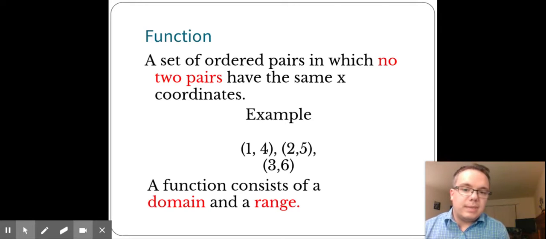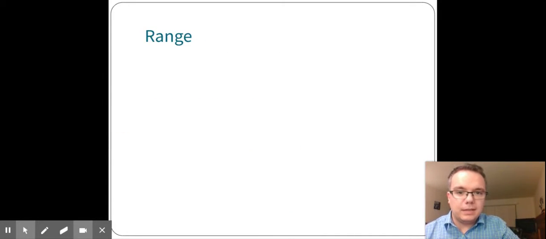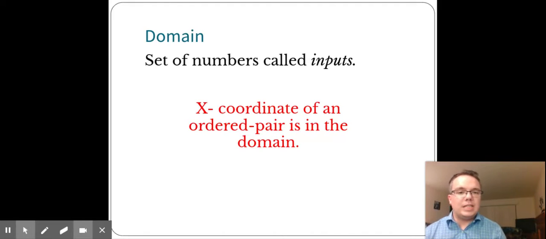A function consists of something called a domain and a range, and that is what we are going to talk about next. So the domain is what we put into the function. So what we put in a machine comes from the domain, and for our purposes, it's the x-coordinate of an ordered pair. It's going to be the x part of an equation.